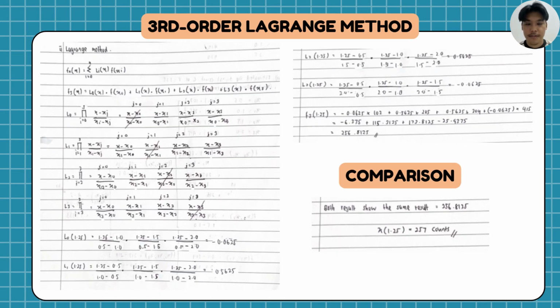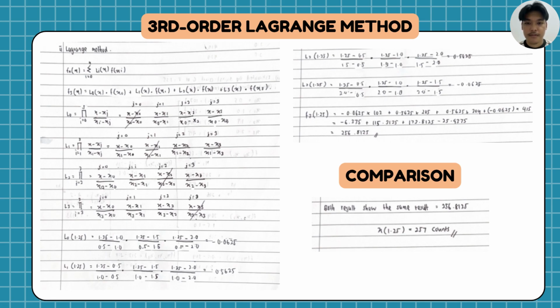Next, I will explain the third order Lagrange method. Similar to the Newton method, the same 4 data points were used to estimate the digital count at 1.25 volts. In this method, 4 Lagrange basis polynomials, namely L0, L1, L2, and L3, were calculated. These basis polynomials were then multiplied by their corresponding digital count values and summed together to form the interpolation polynomial.